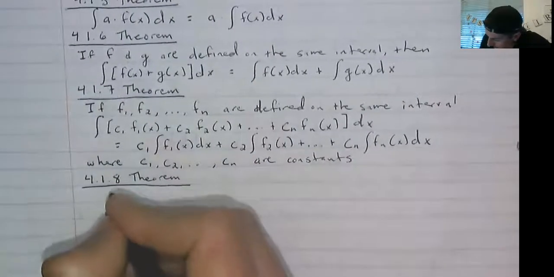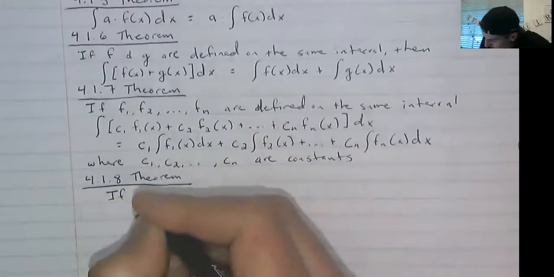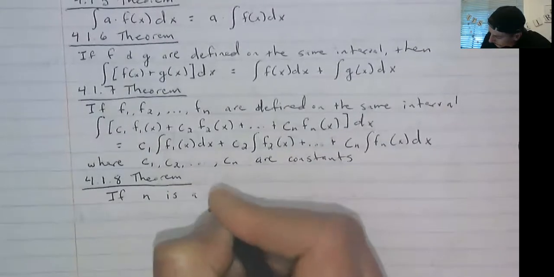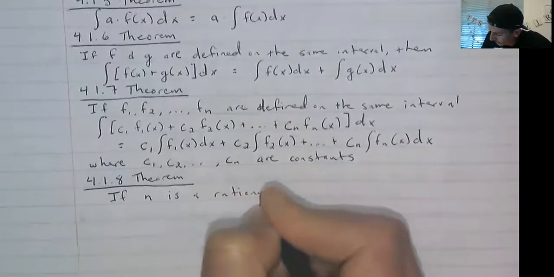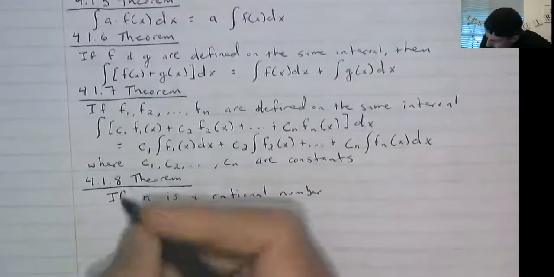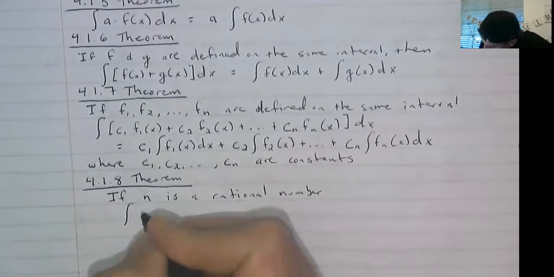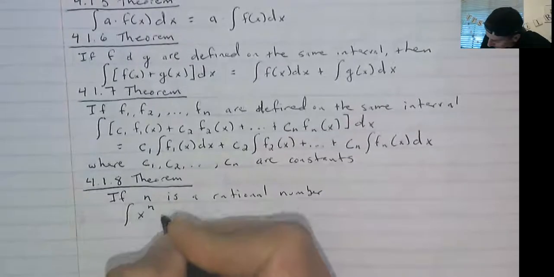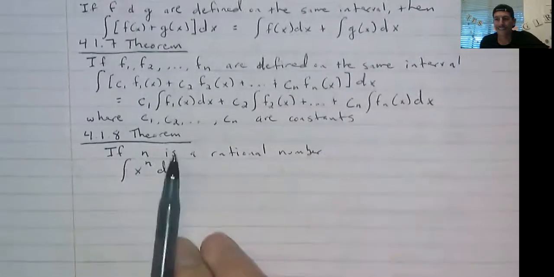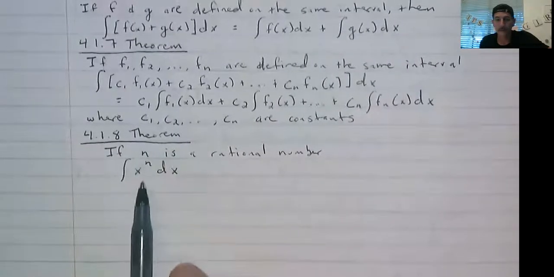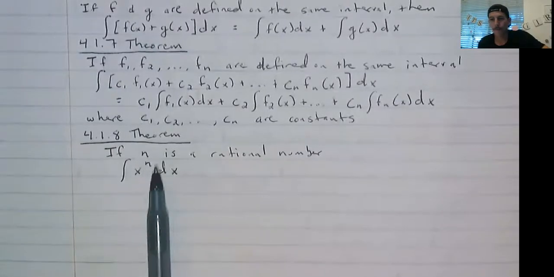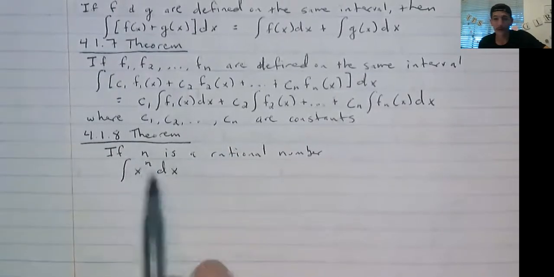That if you've got some exponent that is a rational number, call it n, then the antiderivative of x to the n, let's pause and think here. The antiderivative of this needs to give us x to the n. And so we know that the antiderivative is going to be some power function.